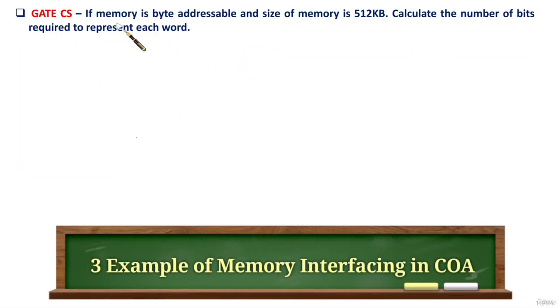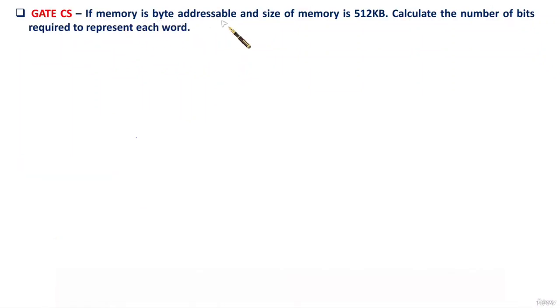In the third question, if memory is byte addressable and the size of memory is 512 KB, then calculate the number of bits required to represent each word. Here it is given that memory is byte addressable. Byte addressable means with each word, that is with each address, you have 1 byte of data.